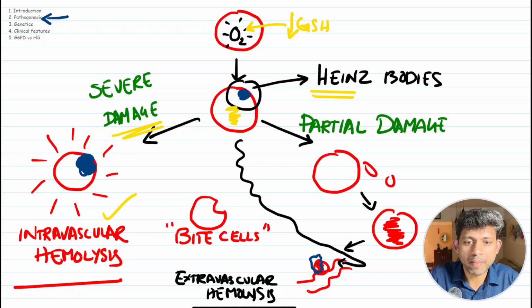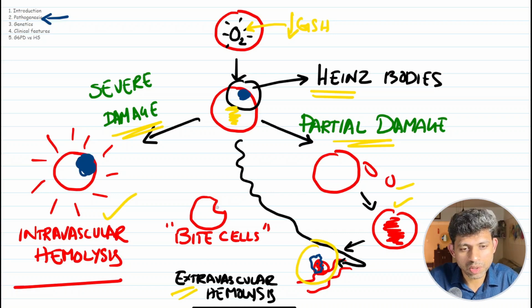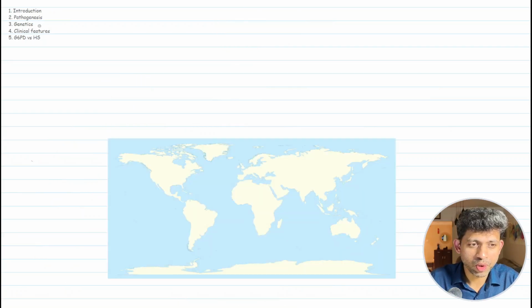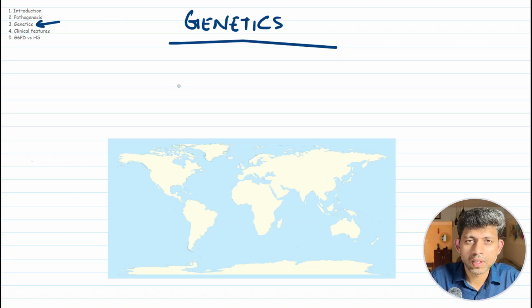But if the damage is partial, most of the RBC membrane is lost and spherocytes are formed, which are eaten up by splenic macrophages, leading to extravascular hemolysis. We also saw that sometimes Heinz bodies are eaten up by splenic macrophages, leading to the formation of unique bite cells. Now let's briefly look at the genetics.